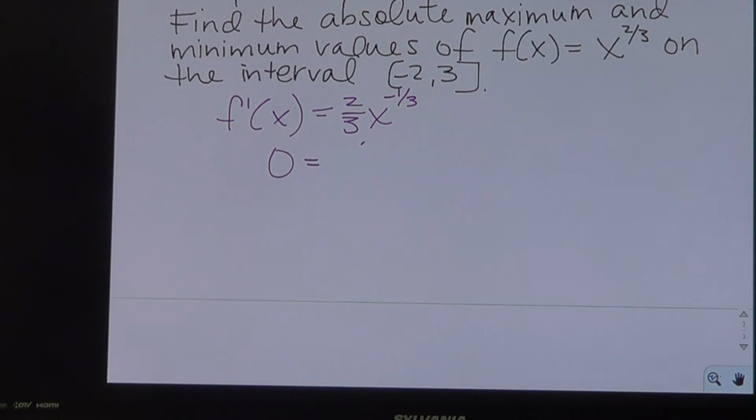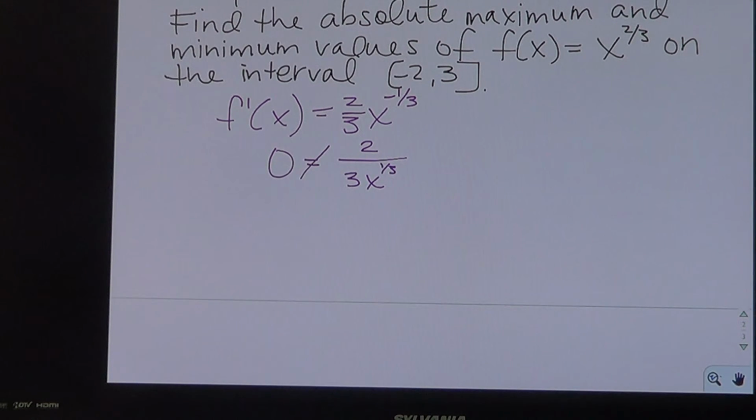So you might want to write that as 2 over 3x to the 1/3. So where is that going to be 0? If you have a fraction, when would the fraction be 0? When the numerator is 0, right? And it can't ever be 0, so that's never going to be 0.